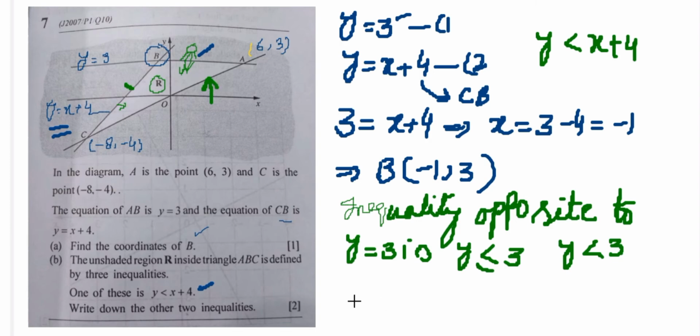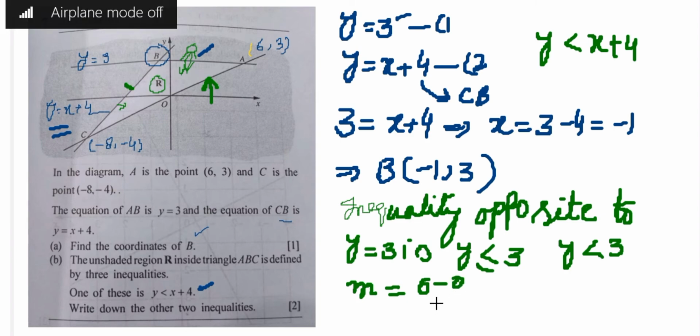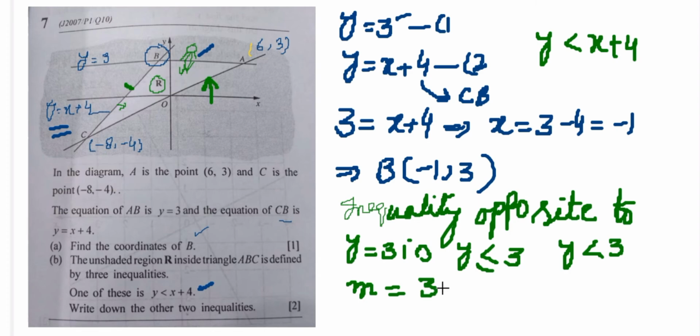Suppose the gradient of the line is m, then it is y2 minus y1, that is 3 minus 0, over x2 minus x1, 6 minus 0. This is equal to 1 by 2. So the gradient of the line is 1 by 2.